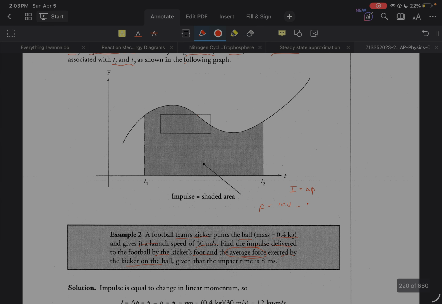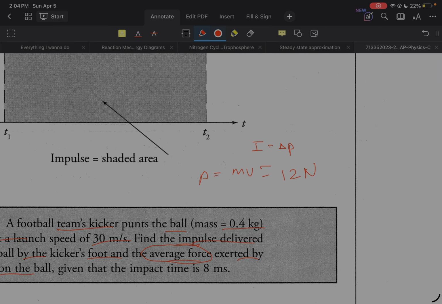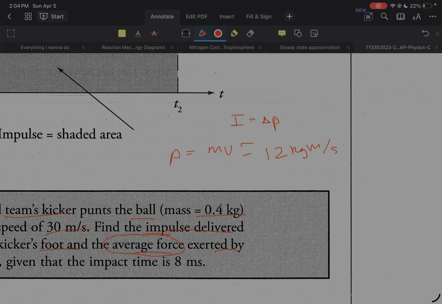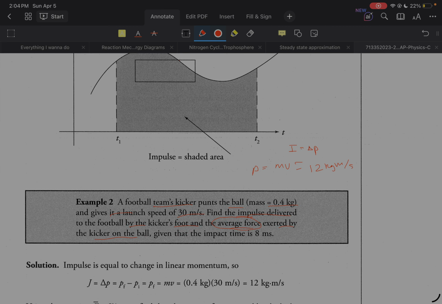Thus, we can write this in terms of 12 newtons. Right, hopefully. The units are grams times meters per second, I think it's second squared for newtons.